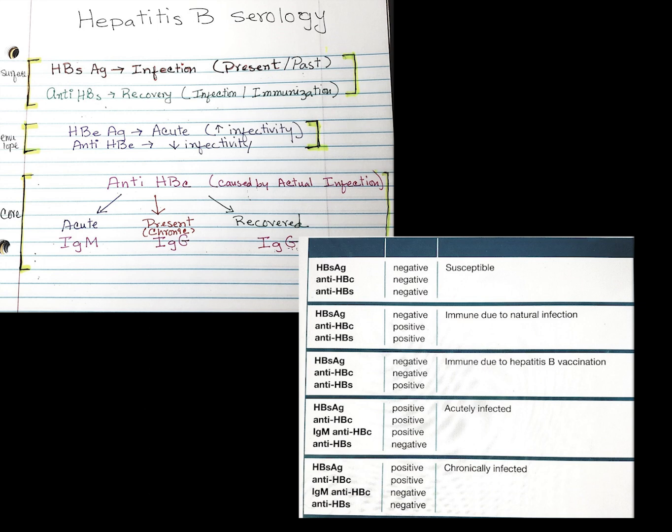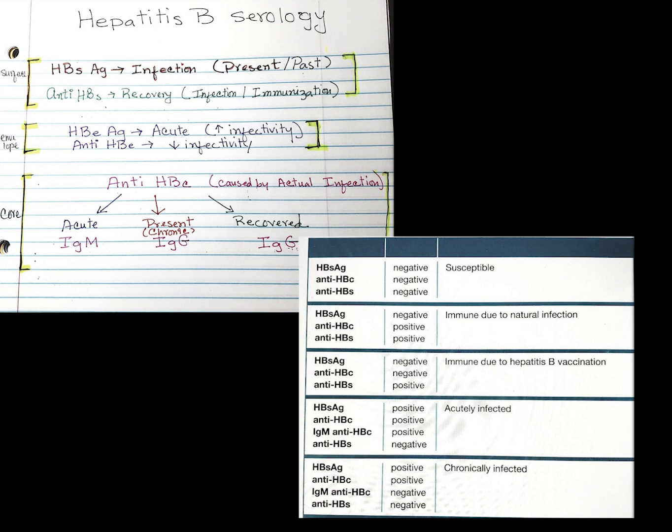The following example, surface antigen is positive. Okay, patient is infected. Core antibody is positive. So core antibody positive means acutely ill, chronically ill, or recovered. But we cannot take recovered because surface antigen already told us the patient is infected.